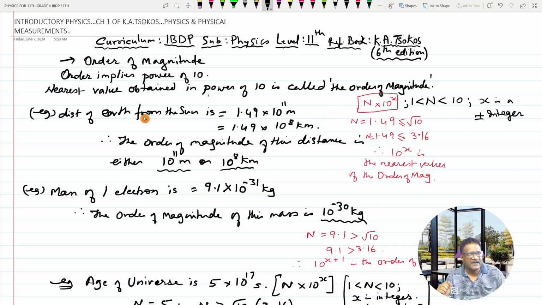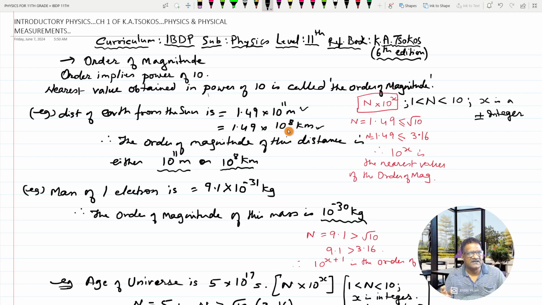Now let us try to understand this particular statement. The distance of the earth from the sun is 1.49 into 10 raised to 11 meter. Now this is an established fact. They are telling you that the distance between the earth and the sun is 1.49 into 10 raised to 11 meter. This can also be written as 1.49 into 10 raised to 8 kilometers. Both statements are correct. Why?